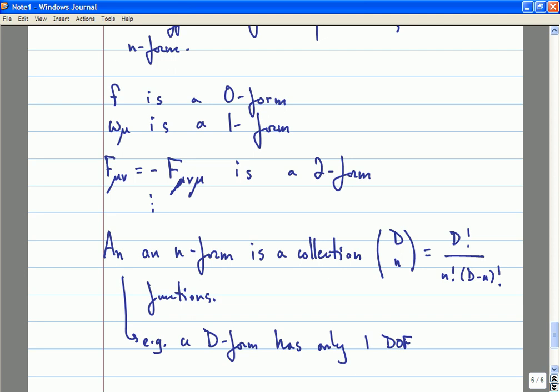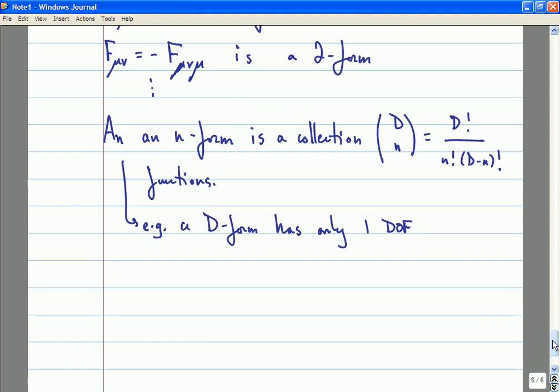So why are differential forms interesting? Well, there are lots of special operations that one can perform on differential forms. The simplest of which is a special sort of multiplication that you can perform on differential forms.